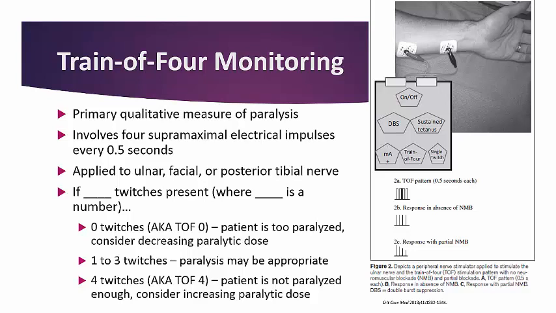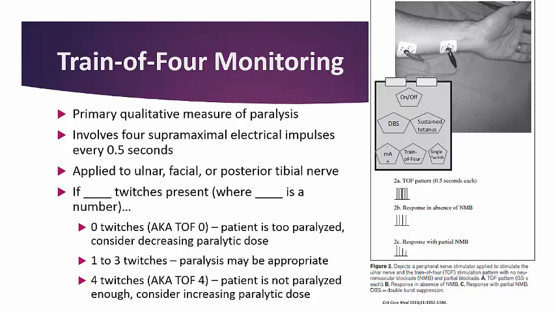Those muscles can still function to a capacity, but whenever you're too deeply paralyzed, you may have too much depression of those functions. So if you have 0 twitches present, aka a TOF or train of 4 of 0, the patient may be too paralyzed, and those may be cases where you may consider decreasing a paralytic dose.